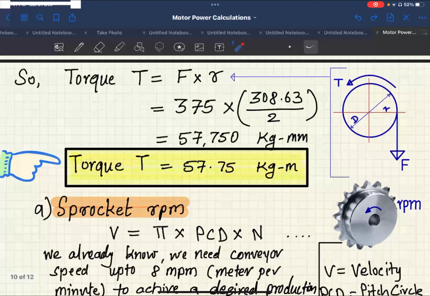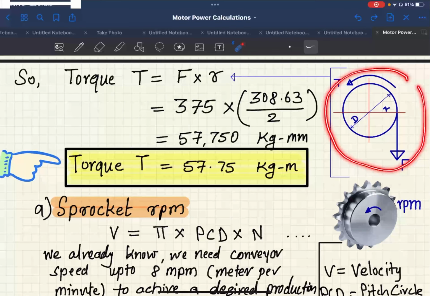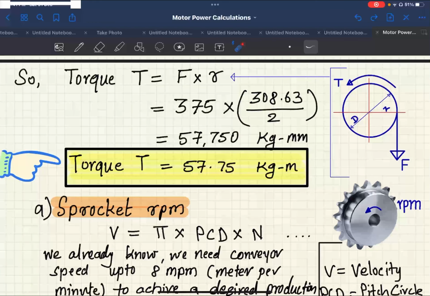Now we will go on to calculate the torque. As we know, torque is nothing but F into R. So here we have a sprocket, and here is the force coming on the sprocket, and this is the radius of the sprocket. Here we are calculating the applied torque on the sprocket. This figure pretty much explains what exactly we are calculating here. So force is 375 kg, which is the addition of pull force plus friction force, multiplied by 308.63 divided by 2, because we need to take the radius.